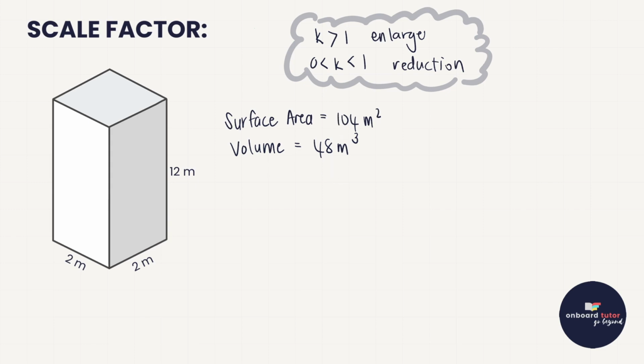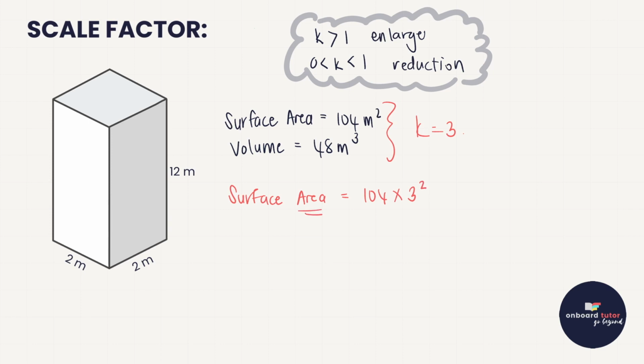And so now, because of the scale factor knowledge, we can actually just straight away say, okay, well, if the scale factor is equal to 3, we will have a new surface area. Okay, and surface area has a square dimension. So we'll take our 104 and we'll times it by the scale factor squared.